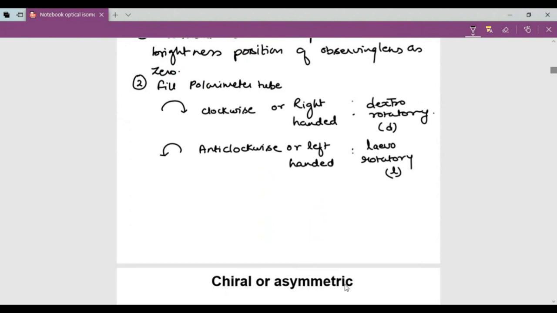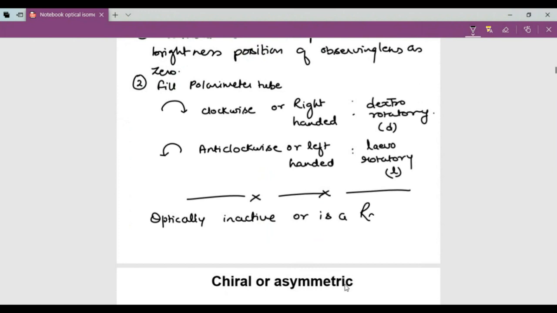And the third condition that you may think of: if there is no effect on light, then either the compound is optically inactive and has no special behavior towards the PPL, or it is a racemic mixture.